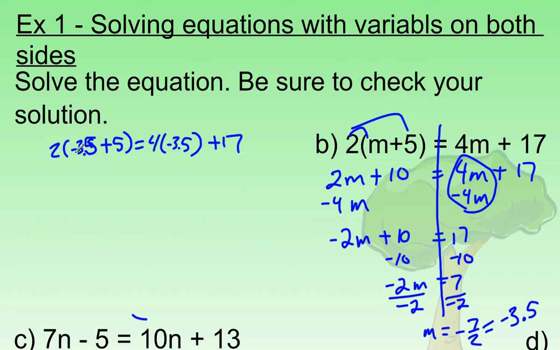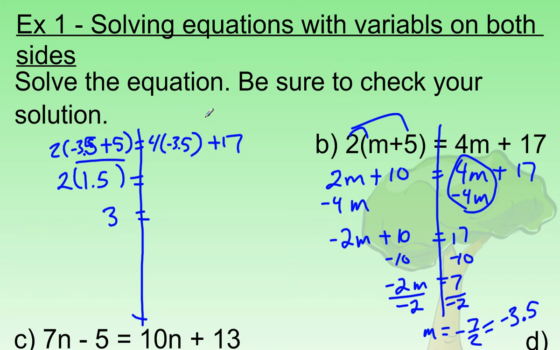All right, so let's see. Negative 3.5 plus 5 gives me 1.5. And 1.5 times 2 is equal to 3. So this side is equal to 3.